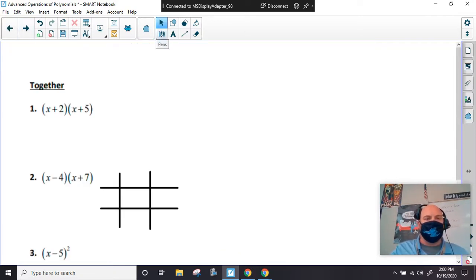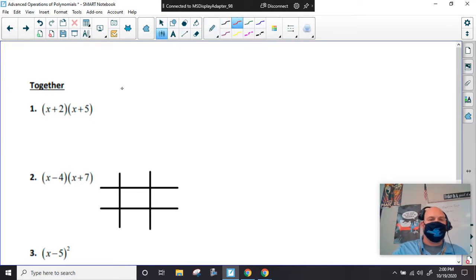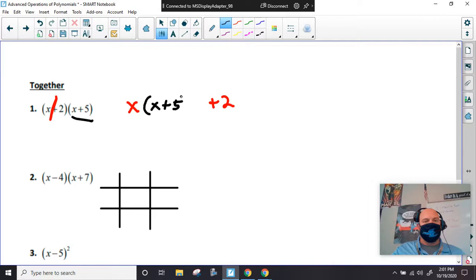So on number 1 here, if we cut this, we're going to write it like this. I'm going to put an x right here and a plus 2 right here. Then I'm just going to copy down this x plus 5 twice. So now we have 2 different distributive things because that's what's called double, meaning 2 distributive.